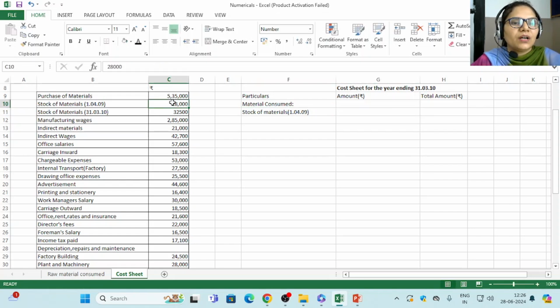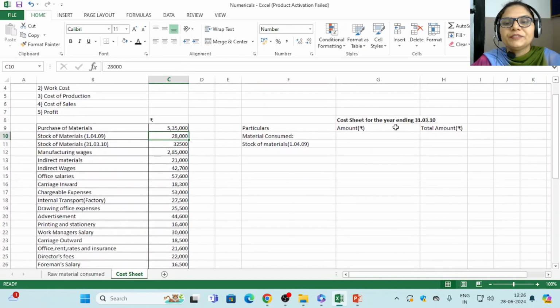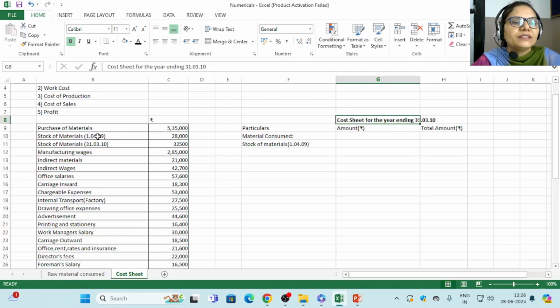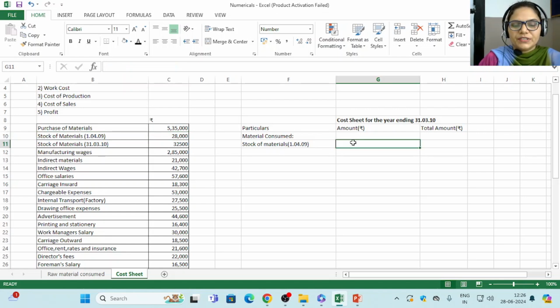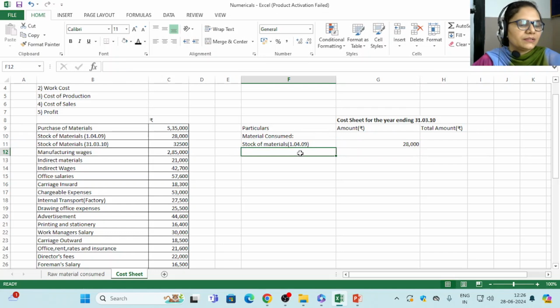It is 28,000. We have taken this value as opening stock because our cost sheet is being prepared for the year ending 31st March 2010, and this value being of 1st April 2009, it is taken as the value of our opening stock, which is rupees 28,000. Next is add purchases in it.